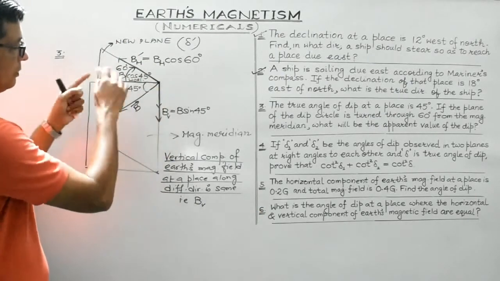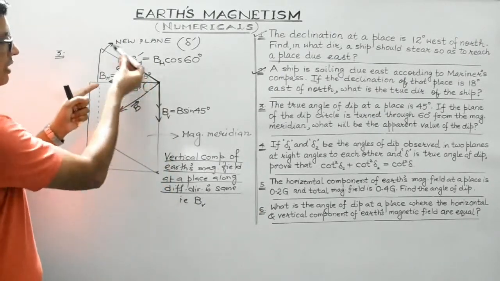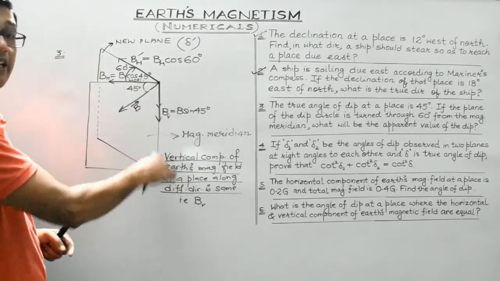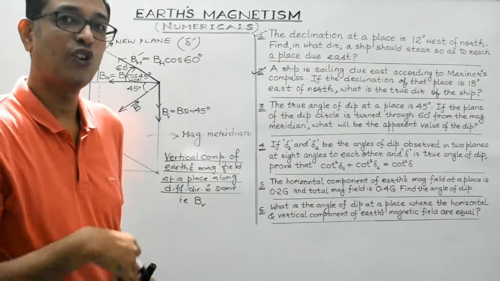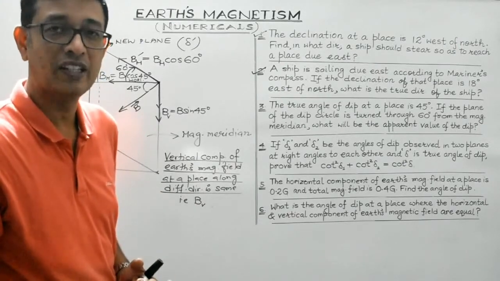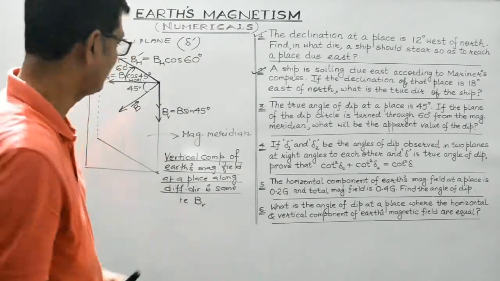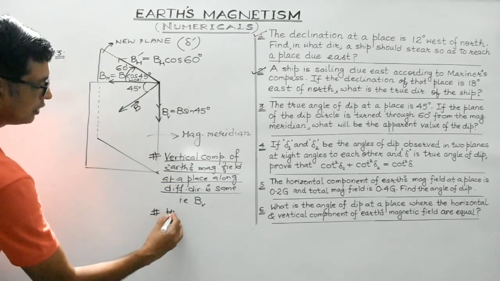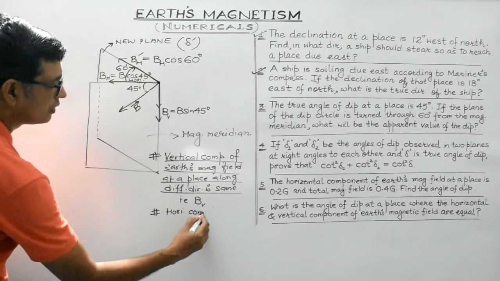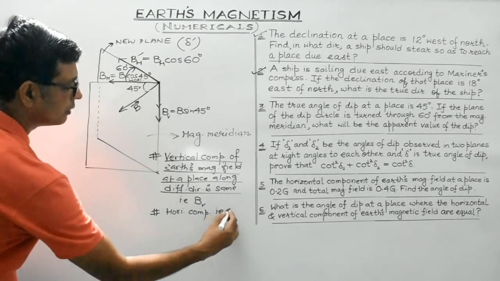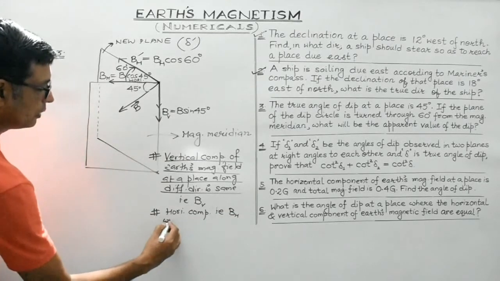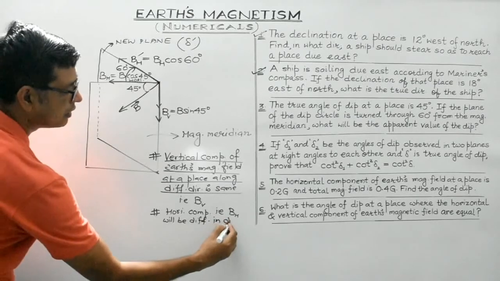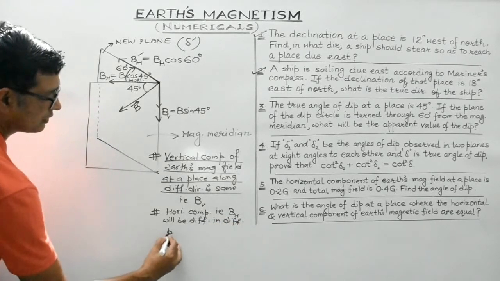Now, this is the magnetic meridian. Along any other plane, along any other direction, the vertical component will always remain constant. It is the horizontal component of the Earth's magnetic field that will be different in different planes. So this is one of the important points. And second, the horizontal component, that is BH, will be different in different planes.